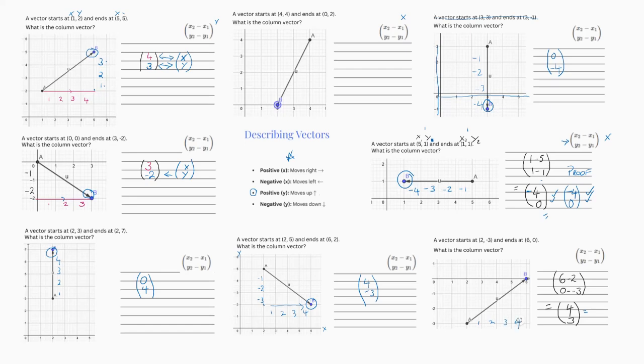So we know our x is going to be 4. And let's go up 1, 2, 3. And our y is going to be 3. So we know that is 100% correct.